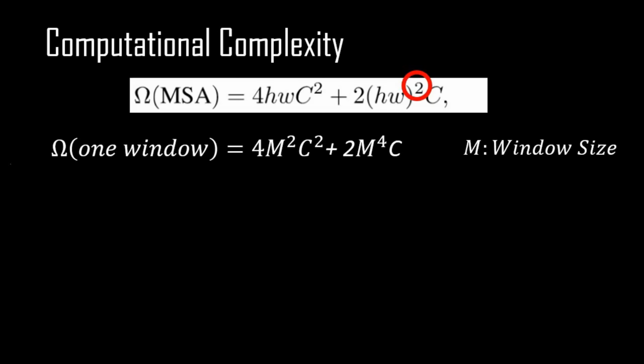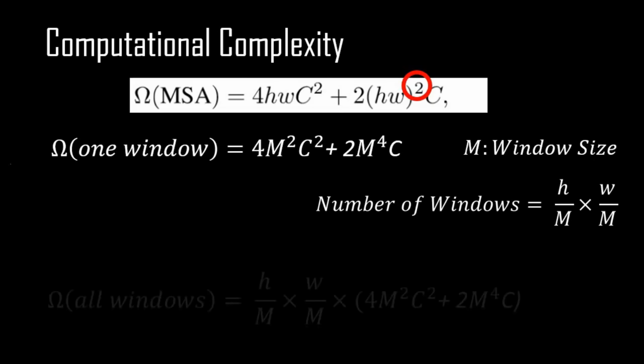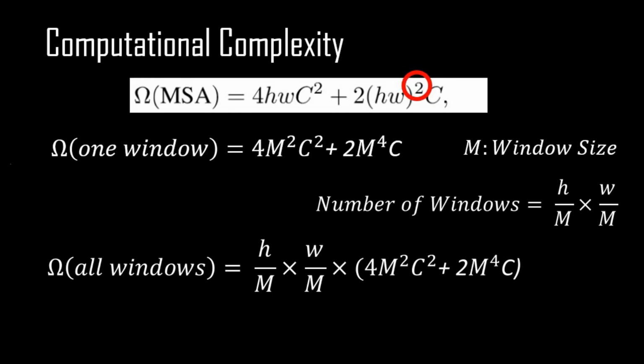How many windows do we have? Simple. We just divide H by the size of the window times W divided by the size of the window. Now, what is the time complexity of all of the windows? We just multiply the number of windows by the time complexity of one window.